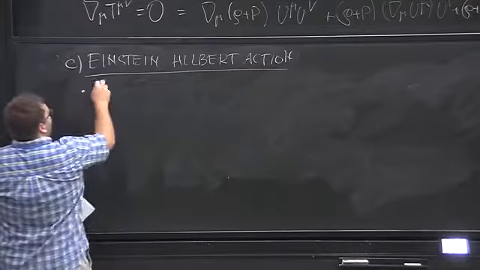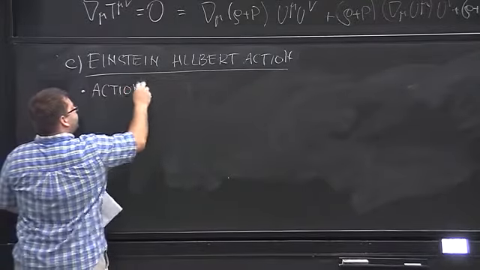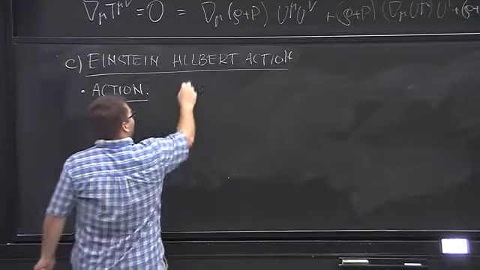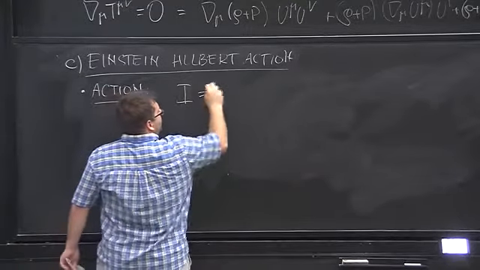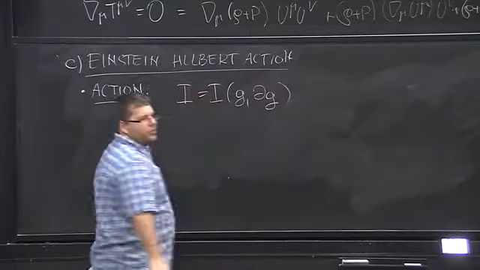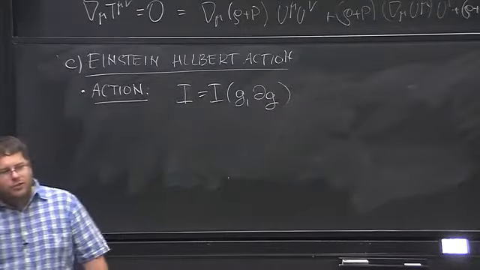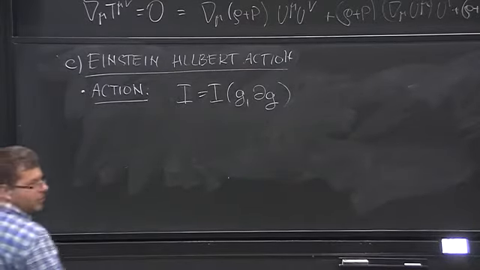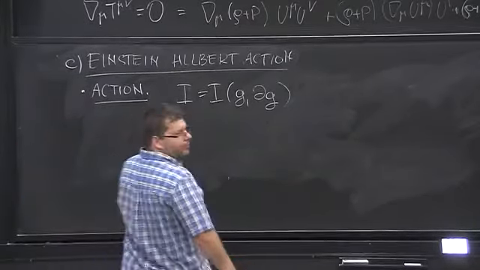So in order to find the action, we would like to have a scalar which depends on the metric and the derivative of the metric, right? Then if we have such a scalar, we are guaranteed that the equations of motion will be second order differential equations for my metric.